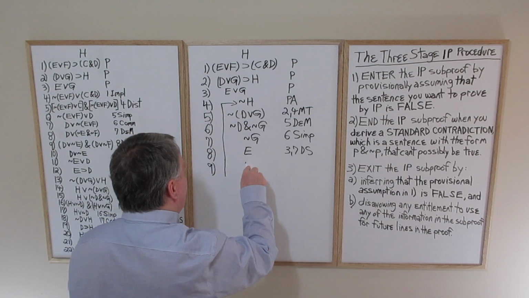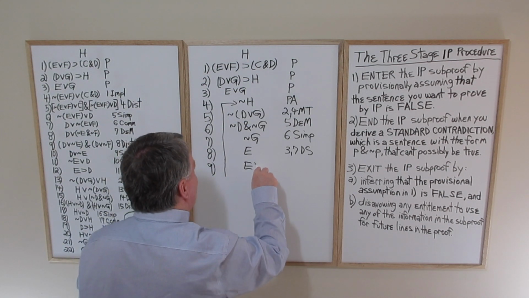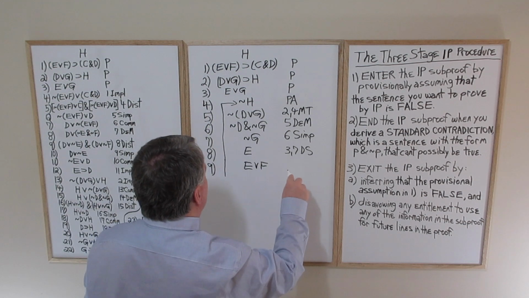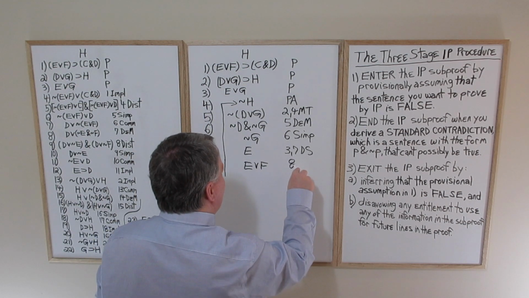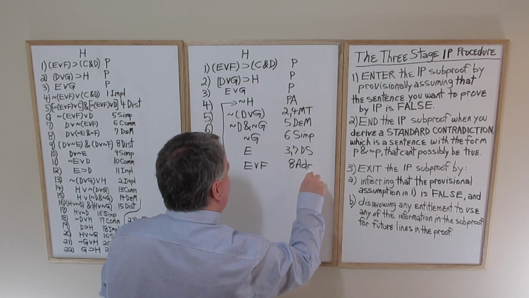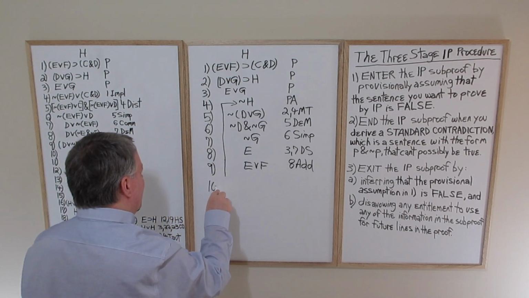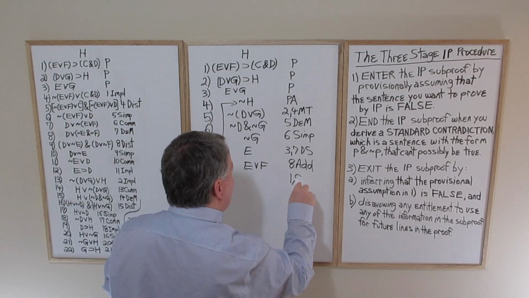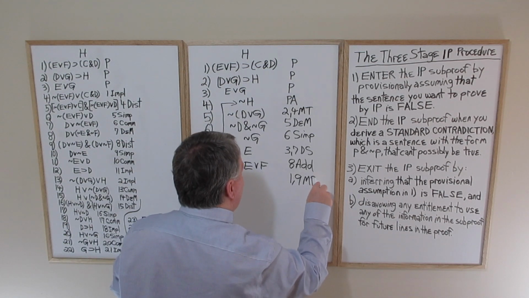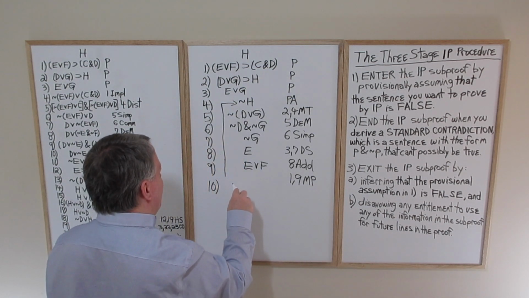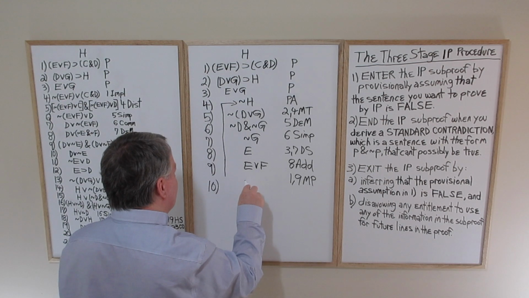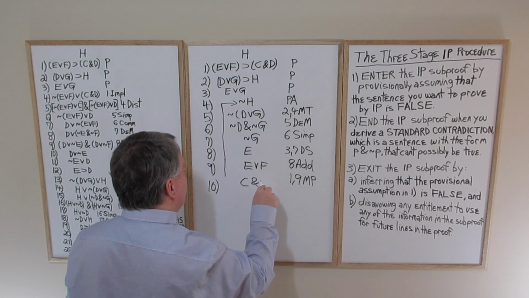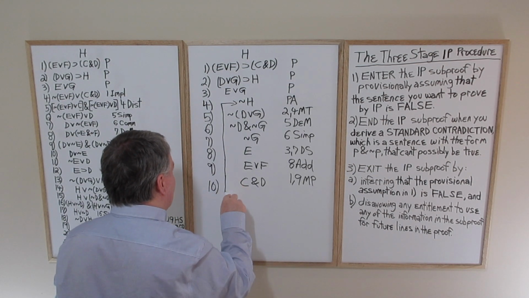So line 9 is E or F, that's 8 addition, line 10 is 1, 9, modus ponens, which gives us the conjunction C and D.